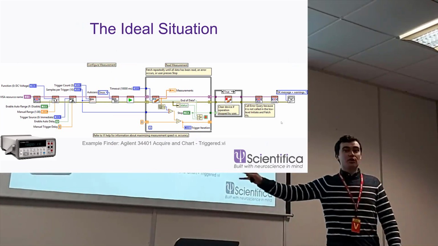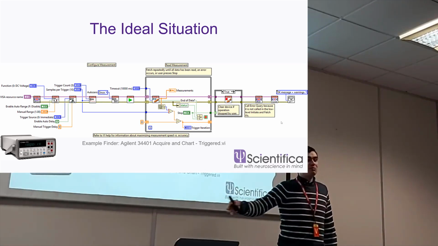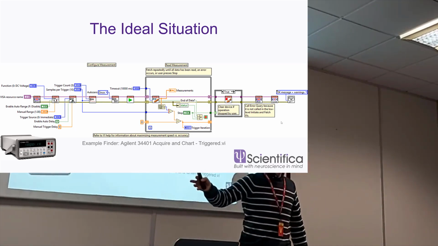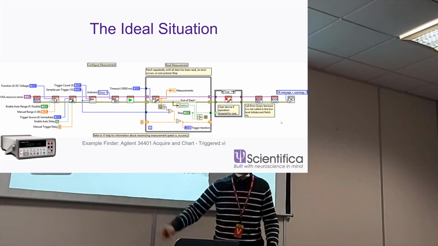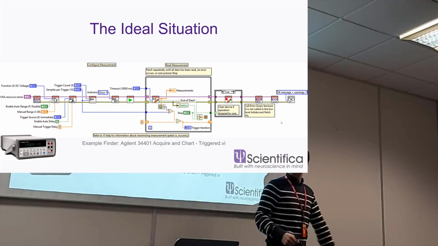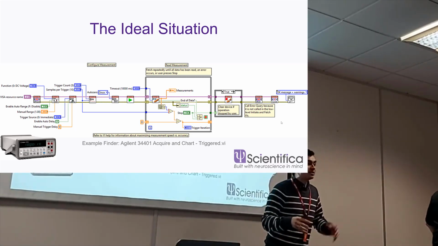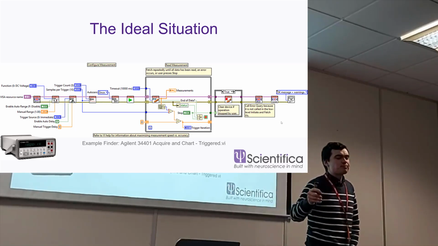Because we could have a piece of code like this, and it's really well written, it will probably pass VI Analyzer, everything has a label, there's documentation, nicely spread out, and it's for an Agilent 34000 series DMM.